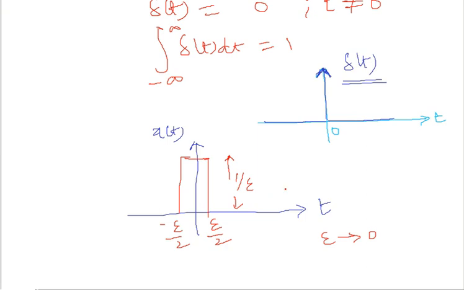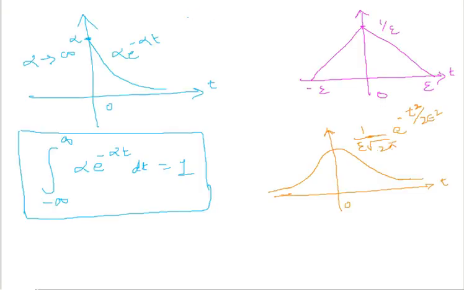delta t. Now not only this signal approximates the unit impulse, but we can have other approximations also. Further, we can see that the unit impulse signal can be approximated by using these pulses or signals also. For example, this is a decaying exponential, this is a triangular pulse, and this is a Gaussian pulse.